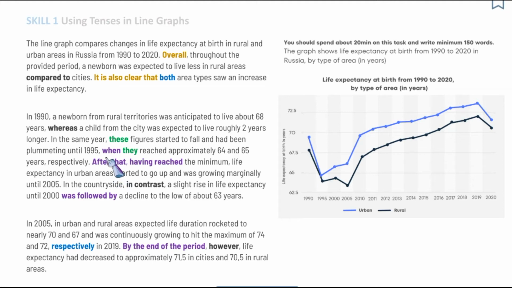Also, they help to connect your sentences into one united piece of text. And the words in green, these are pronouns, and they are also linking devices, so they help to connect sentences.